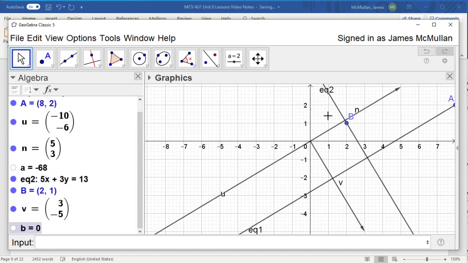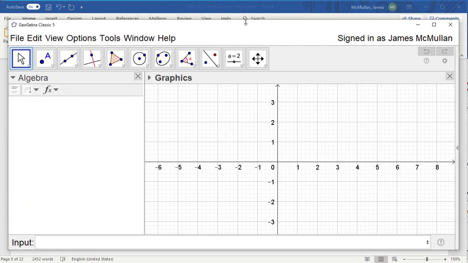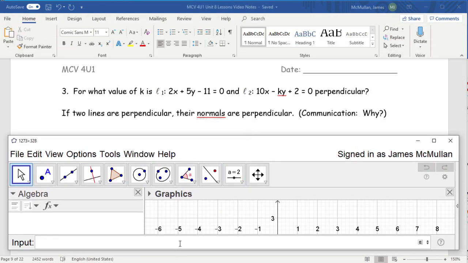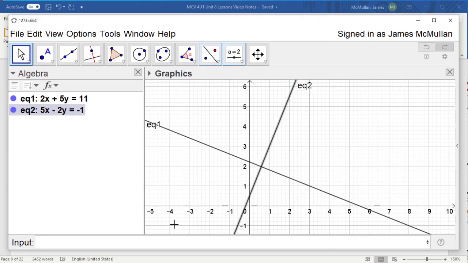Let's test my theory now. 2x plus 5y minus 11 equals 0. 10x minus 4y plus 2 equals 0. And it looks good.